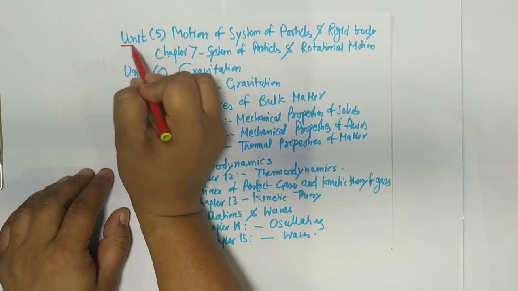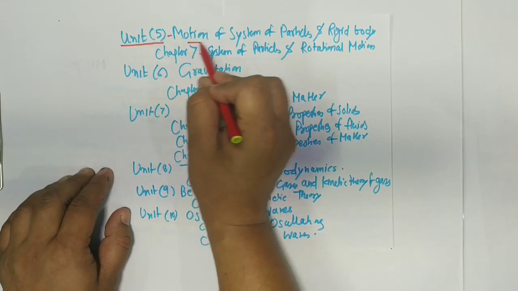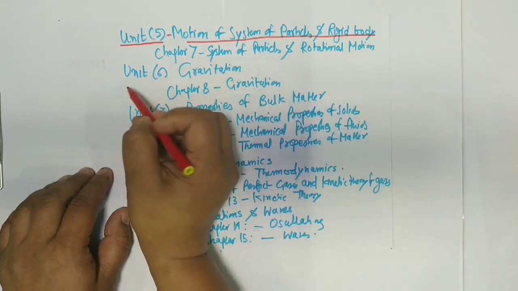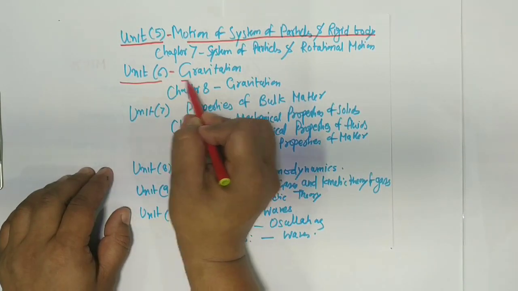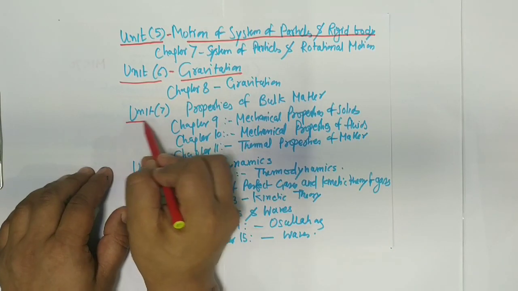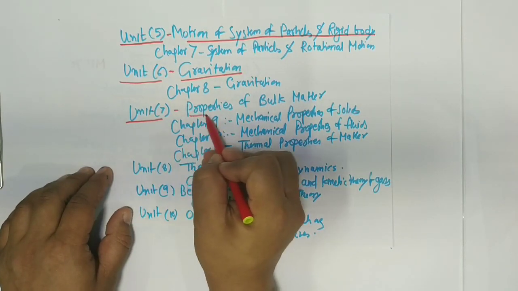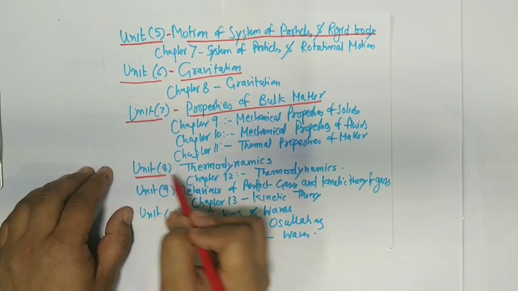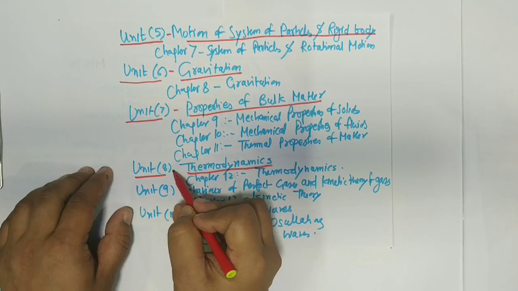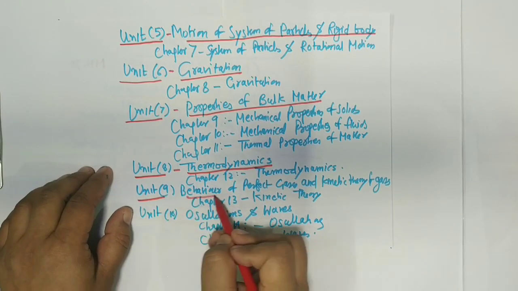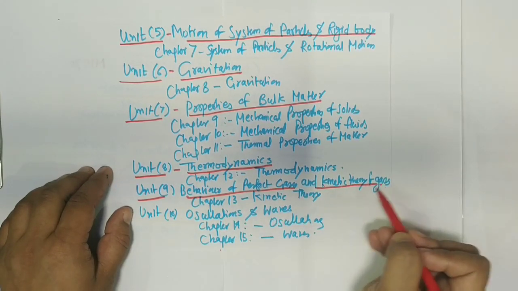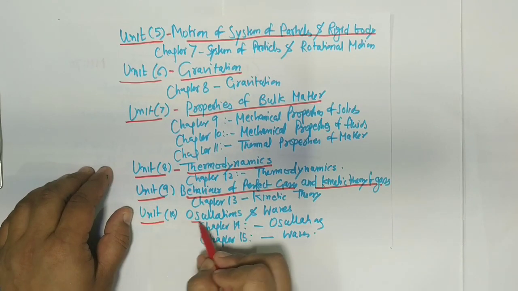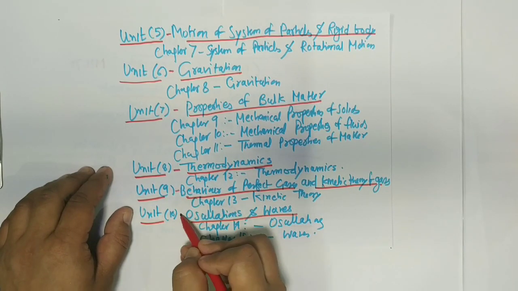Unit 5 is motion of system of particles and rigid body. Unit 6 is gravitation, only one chapter. Unit 7 is the biggest unit, properties of bulk matter, with 3 chapters. Unit 8 is thermodynamics. Unit 9 is regarding gases and kinetic theory of gases. And unit 10 is oscillations and waves.